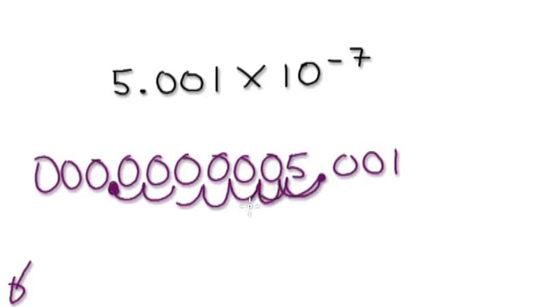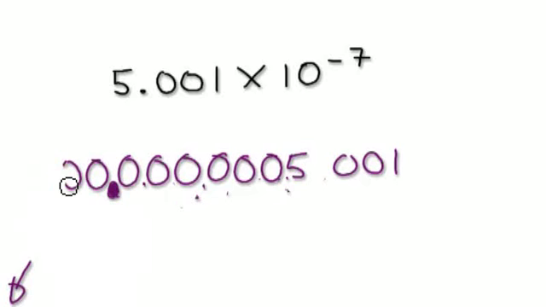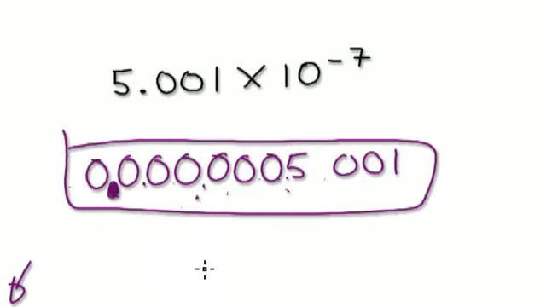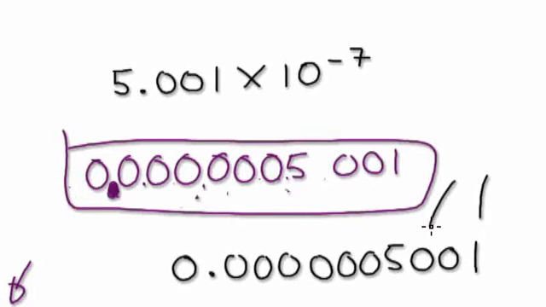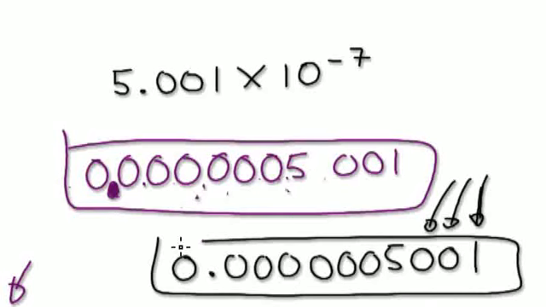Let me double check: 1, 2, 3, 4, 5, 6, 7. Yep. Let's erase these. We don't need this, and we might as well get rid of this 0 as well. So our overall answer is 0.0005001. You have to have the 0 here, and the 1 here. So this is our final answer.